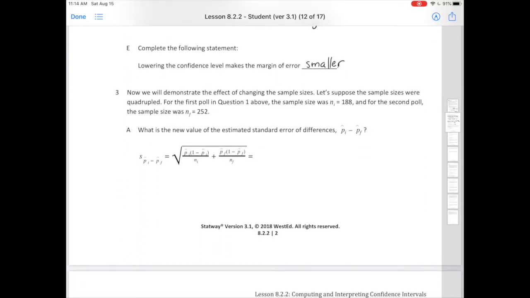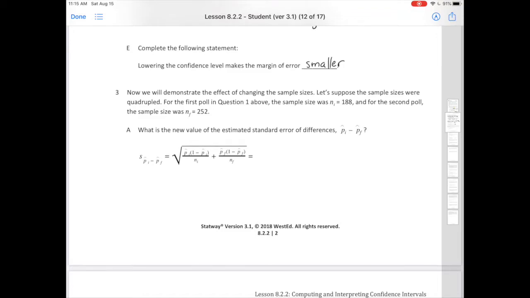Now we will demonstrate the effect of changing the sample sizes. Let's suppose the sample sizes were quadrupled. For the first poll in question 1 above, the sample size was Ni equals 188, and for the second sample poll, the sample size was 252. So the numbers were quadrupled, all right?